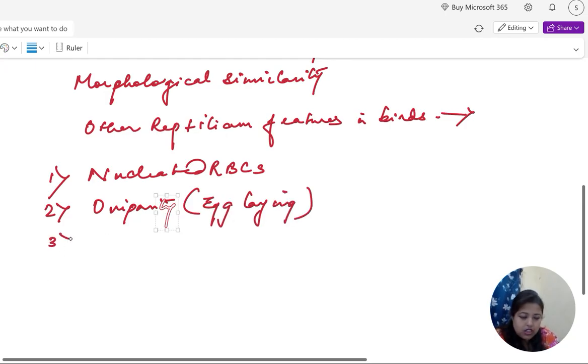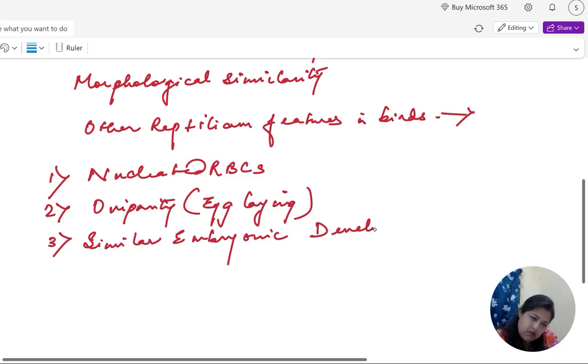Number 3, similar embryonic development. And for fossil we can say Archaeopteryx, a connecting link, like reptile plus bird features.